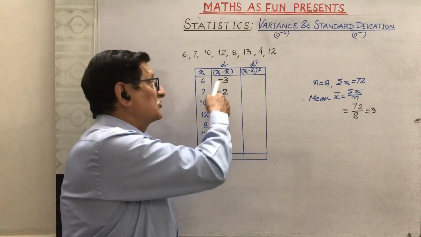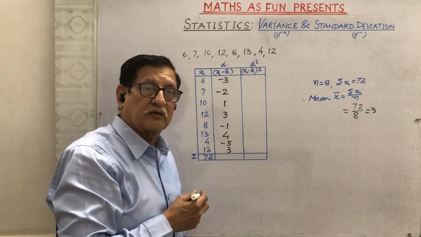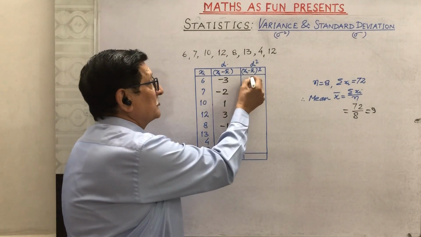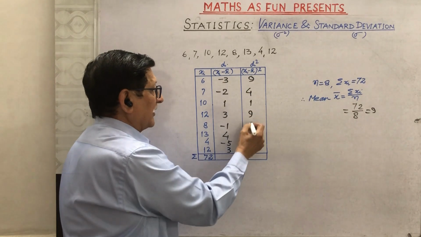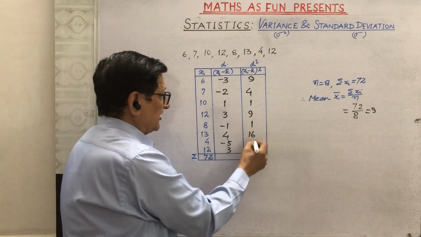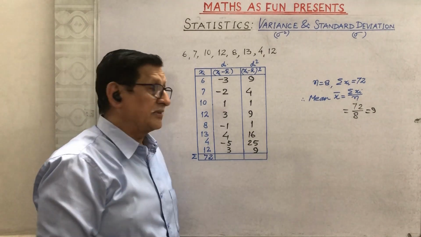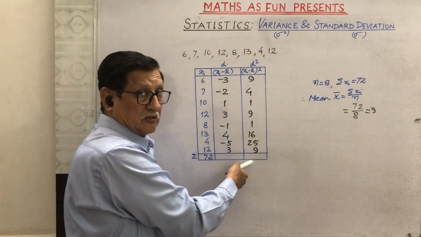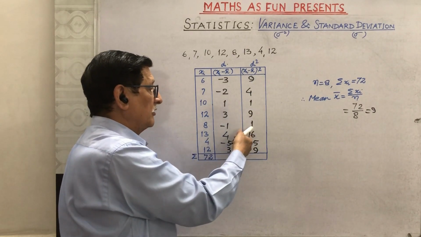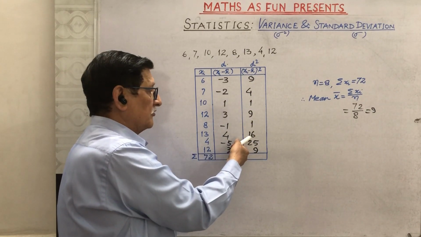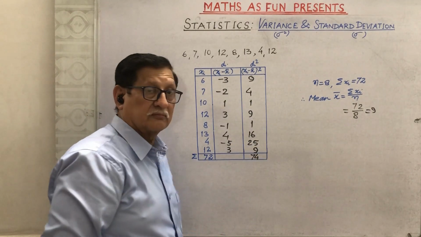And then we find the square of di, square of xi minus x bar. That here is 3 square 9, 4, 1, 9, 1, 16, 25 and 9. And then we find the sum of these di square, that is 9, 13, 14, 23, 24, 40, 65 and 74.